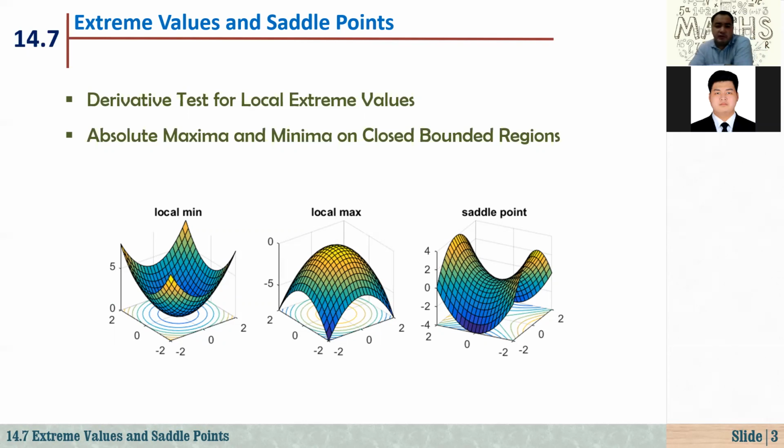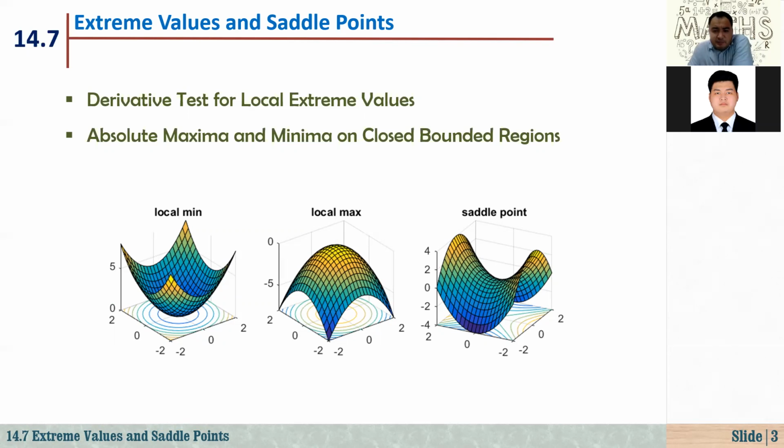Anyway, today we are going to talk about derivative tests for local extreme values and absolute maxima and minima on closed bounded regions. And in the quiz I will also include 14.7, so you have to practice a few questions from this section.